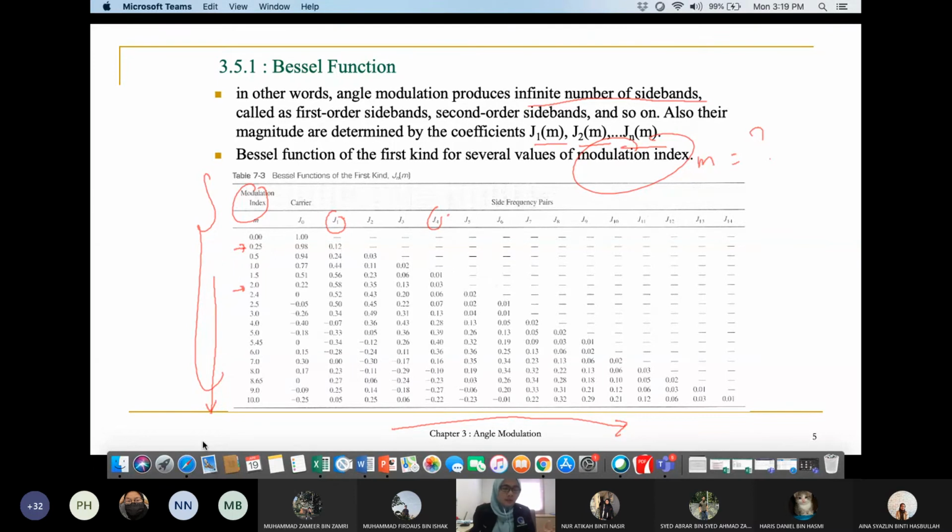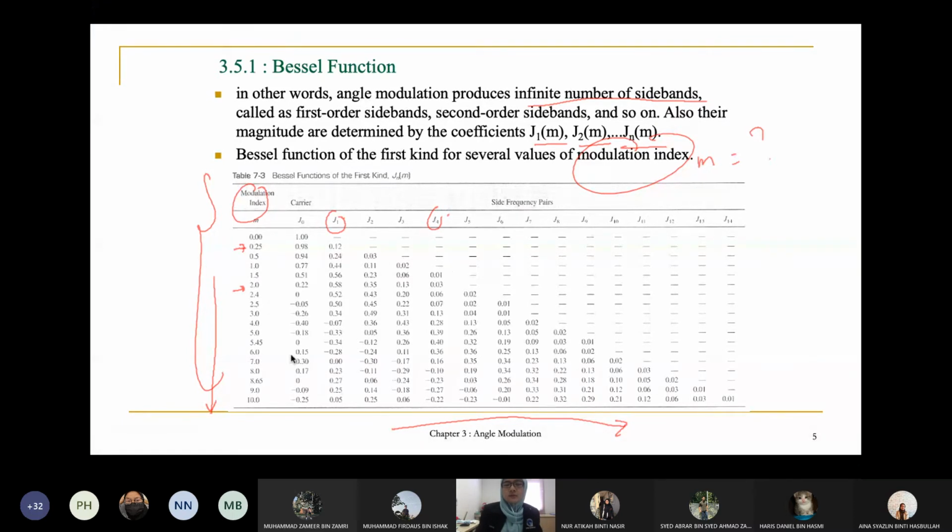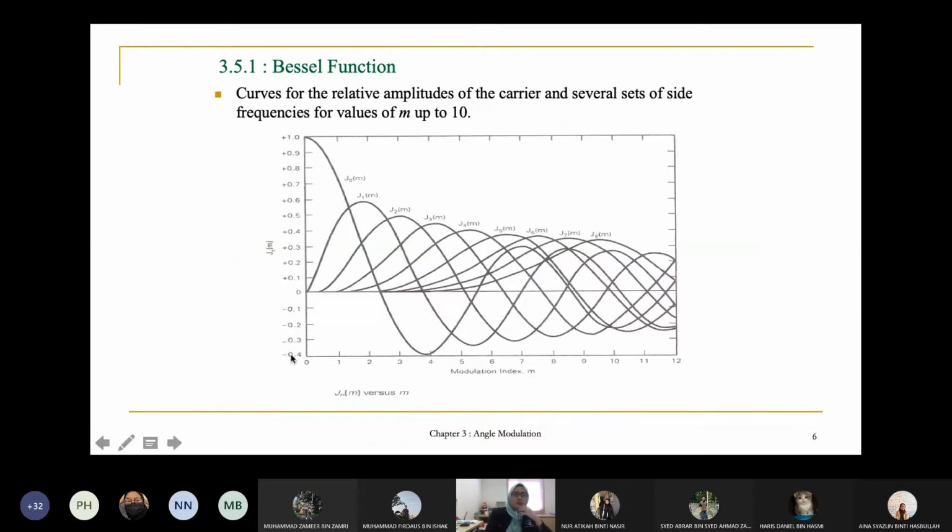Other than the Bessel table, we also have the Bessel curve. In your final exam, we will give you either the Bessel table or the Bessel curve. This is the Bessel curve, also used to determine how many sidebands there are. This is the modulation index and this is the amplitude coefficient.